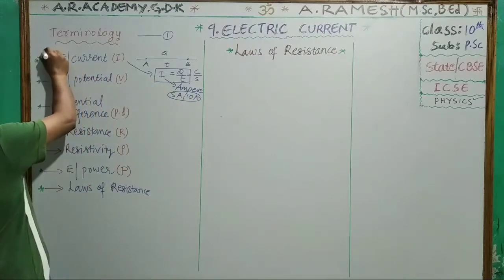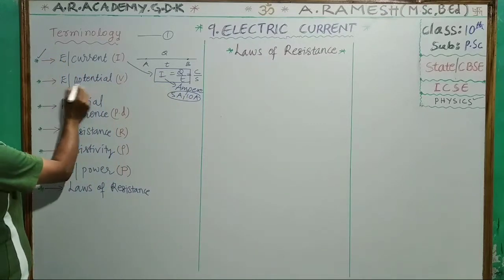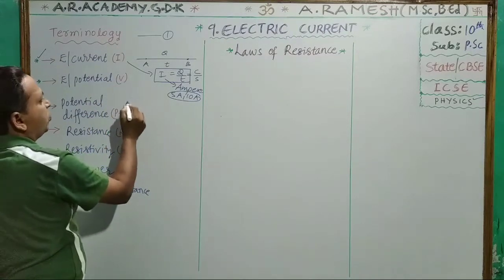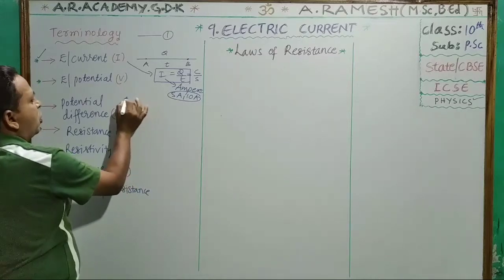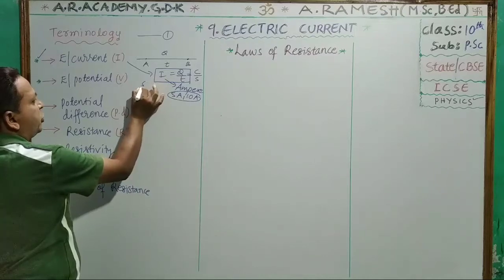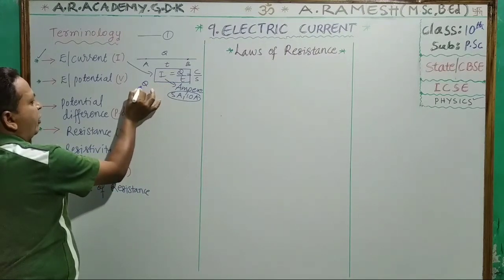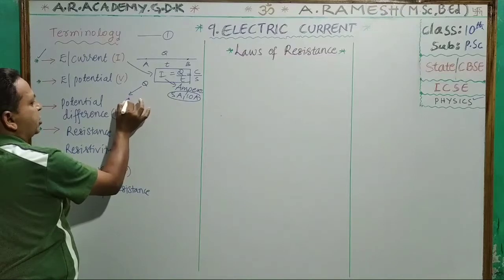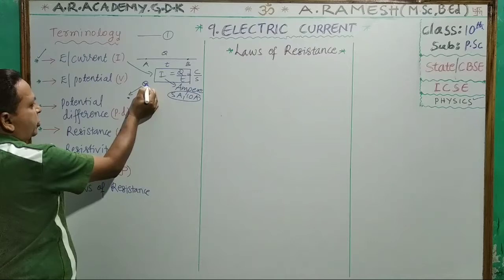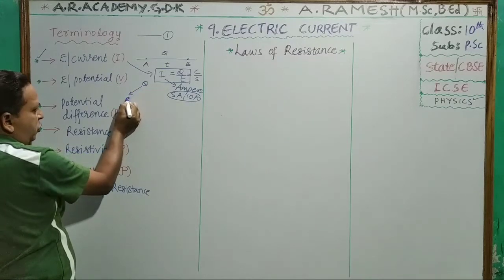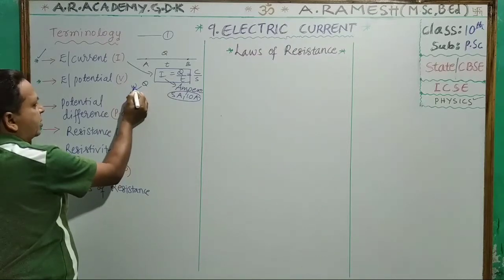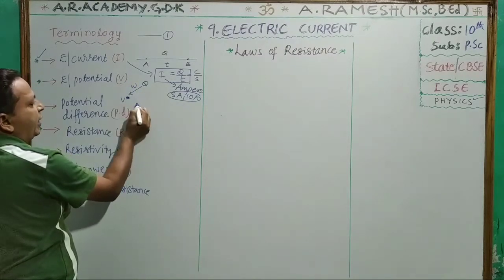Okay. Next we will move to another term, electric potential V. Electric potential V means, in moving one charge Q from infinity distance to a certain point in space, how much work you are doing, that is called the potential at this point.